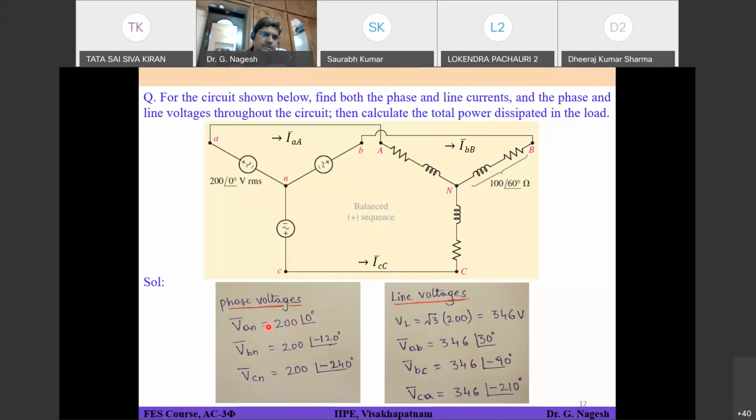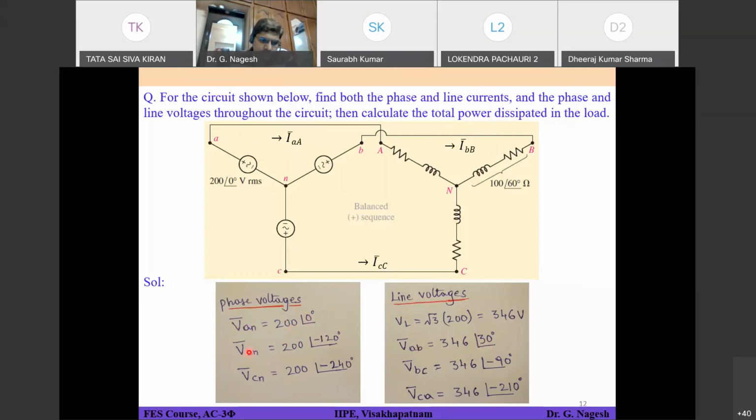That means 200 into root 3 will be your magnitude, RMS value. And the phase angle, if you see, you will get plus 30. If you want, you can subtract these two and solve. You will get exactly plus 30 degrees with respect to this one. So that's why with respect to VAN, your line voltage will be at 30 degrees.